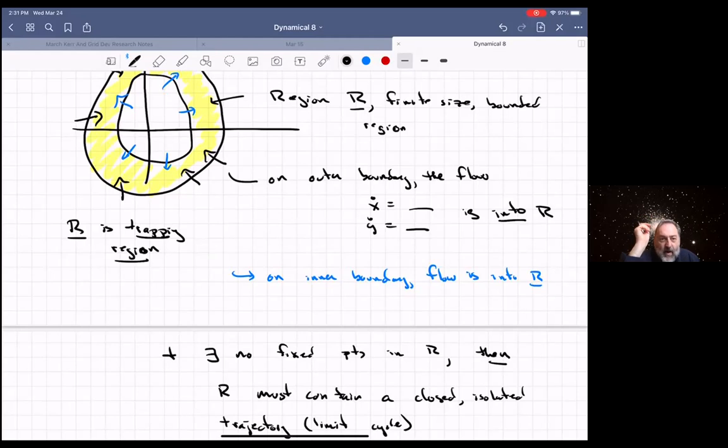And once the flow gets into it, there's really only two possibilities. One possibility is that there's a fixed point somewhere in there, one or more fixed points, in which case you end up at the fixed point. But if you can rule out that there are any fixed points, then once you've established a trapping region, you know that there has to be a limit cycle inside. Good?